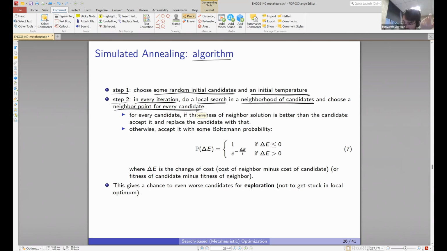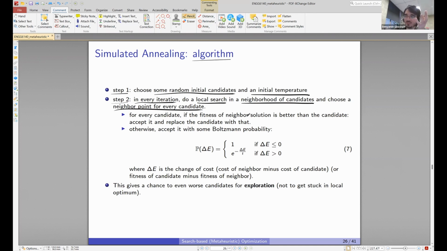If the neighbor has a better fitness value than the candidate, it means that its cost is low or its fitness is higher. Here in simulated annealing, we usually use cost.